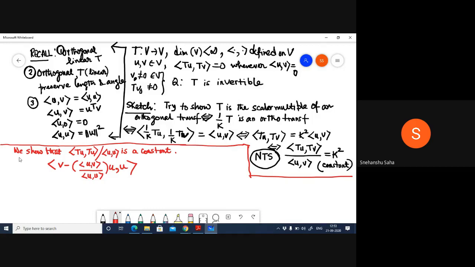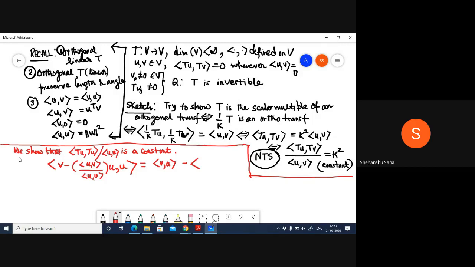Now, if you really open this up, what are you going to get? By the properties of inner product, you write this as the inner product of V and U, minus this scalar times the inner product with U. And what is that going to be?